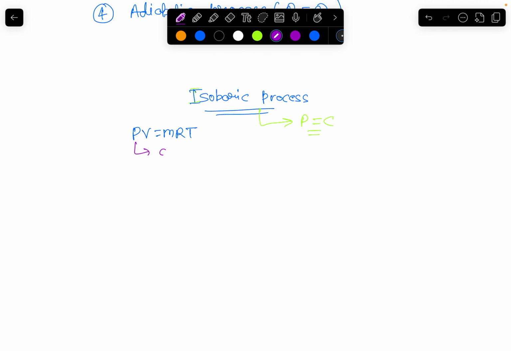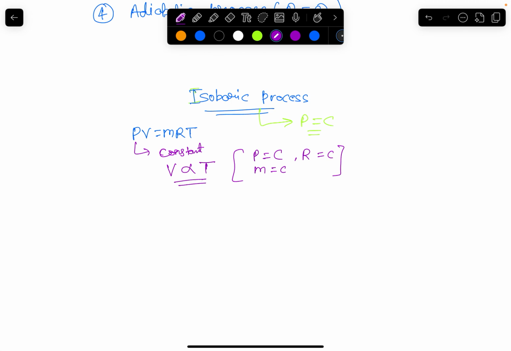If pressure is constant, then volume is proportional to temperature, because the mass of a given gas is also constant and the gas constant for a given gas is constant. So for an ideal gas, the isobaric process is one in which volume is proportional to temperature, and we can plot volume versus temperature.